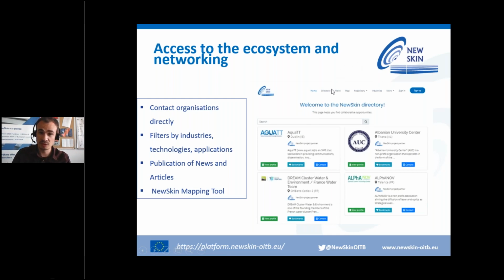On the NewSkin platform, you also have a news section here, and it's not only NewSkin project partners that are able to publish news. Any type of organization is able to publish news on this platform to promote a specific product related to nanotechnologies, or to promote an event that your organization is organizing.